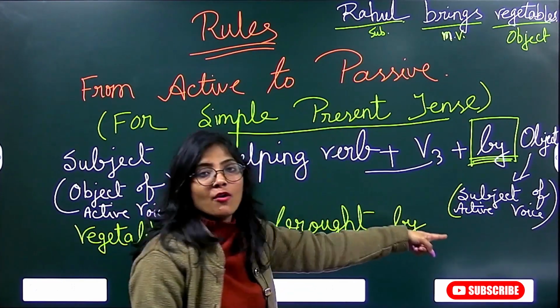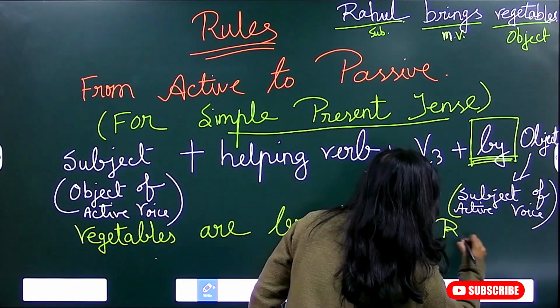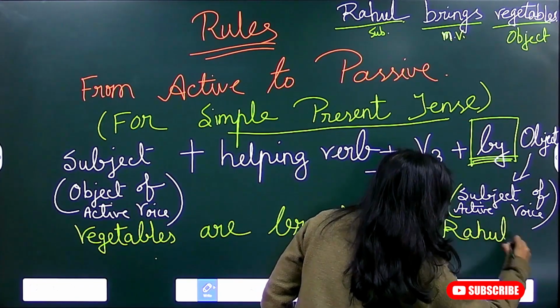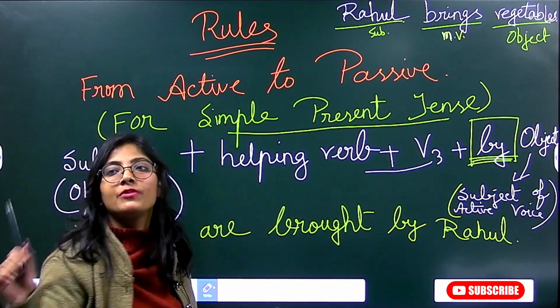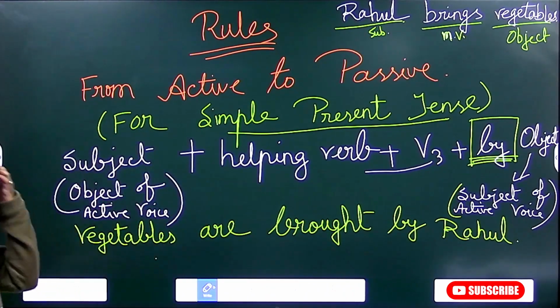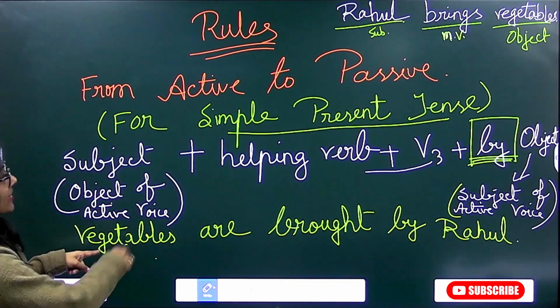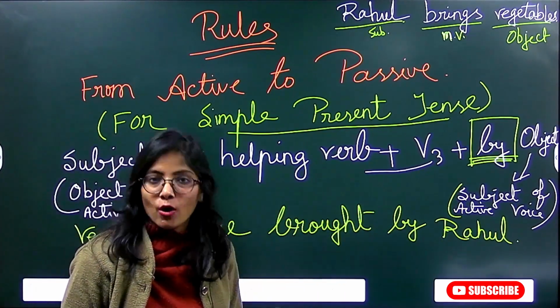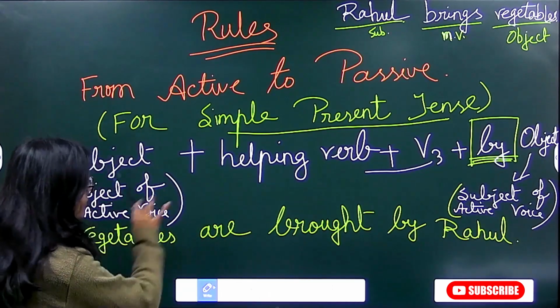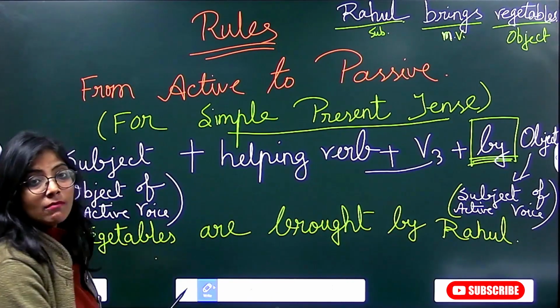So by Rahul. Full stop. So now this particular sentence is complete. Okay. How is it complete? देखो vegetables उसके लिए हो जाएगा are, vegetables are brought by Rahul. Clear? So here I have already changed and this sentence becomes passive voice.